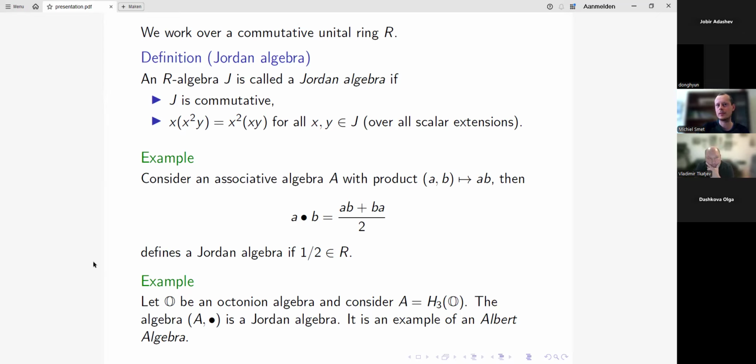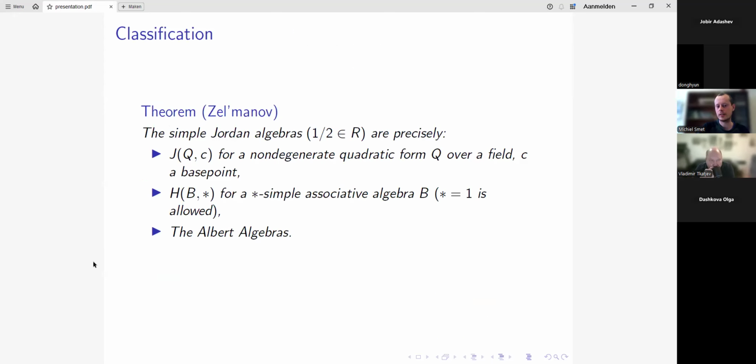This didn't really work out, but of course I'm still talking about it. It's an interesting mathematical object, and quite a lot is known about these algebras. I will illustrate this by mentioning the classification. It's more to illustrate something than something we will really need.